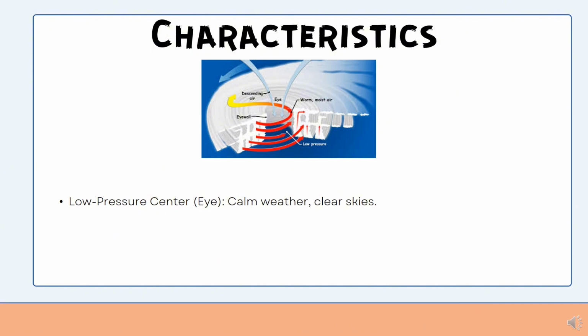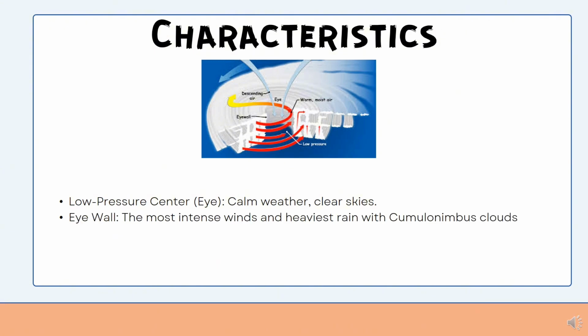It's just a unit of measure for air pressure. Furthermore, within this eye is where you'll find calm weather and clear skies.